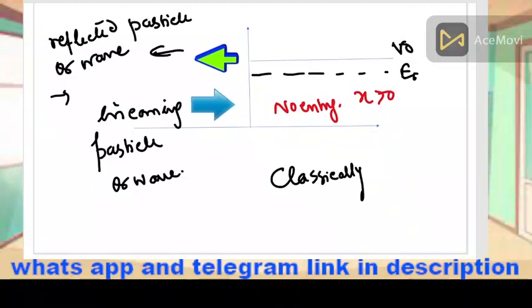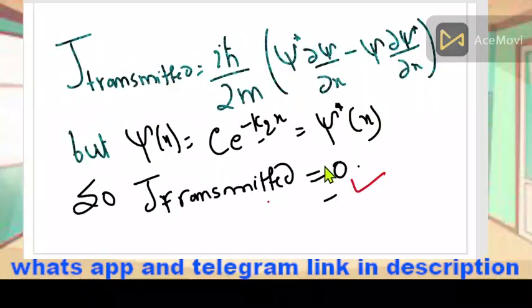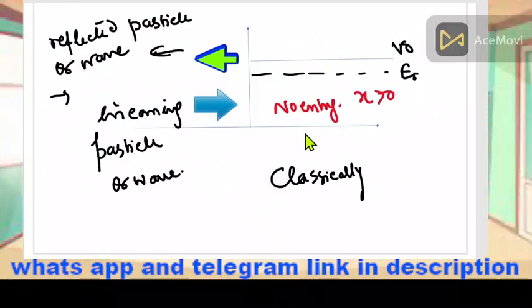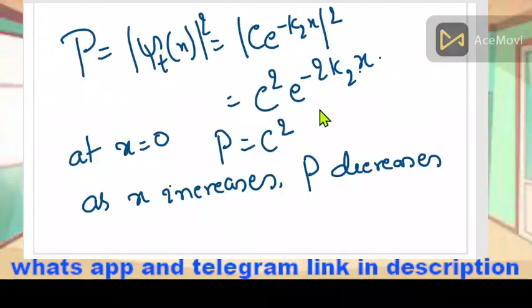This is classically predicted and it is correct. We have seen here that the transmitted current density is 0, so this is in accordance with the classical theory. However, the interesting situation is that when we calculate the probability density in the x greater than 0 region using this wave function, it is somewhat like this.